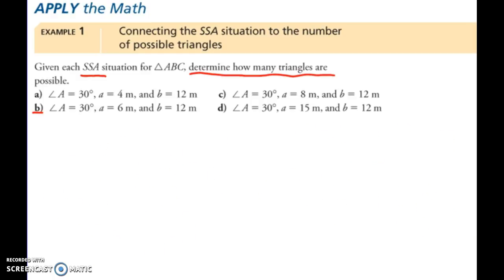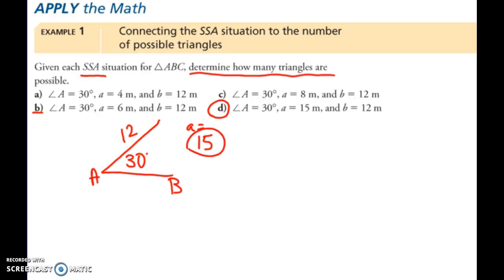Okay, and for my last example, for D, again, our angle is 30. Our side opposite, though, is 15 this time, and our other side length is 12. So if we were to form a triangle, this side length is bigger than the one that we were given.